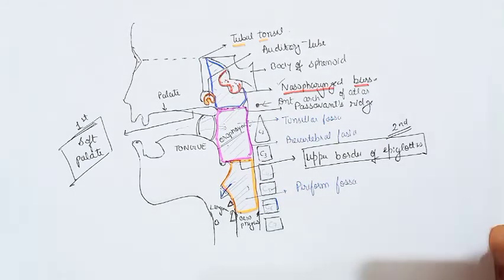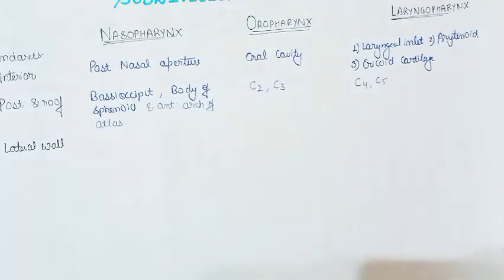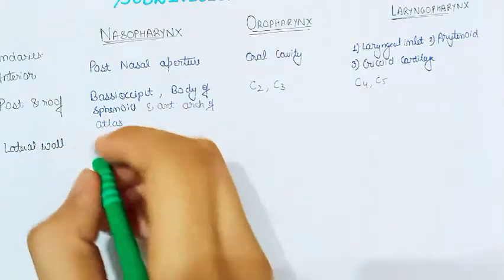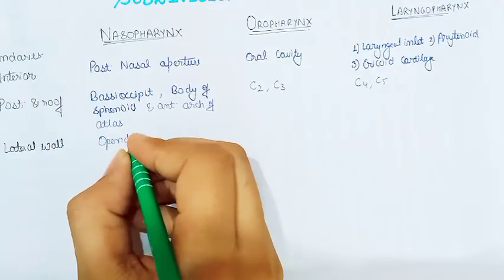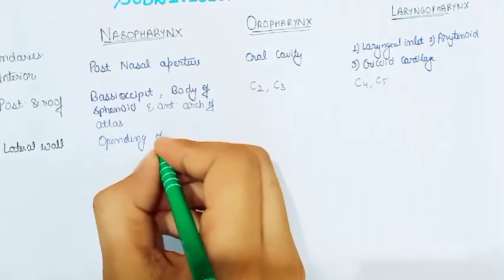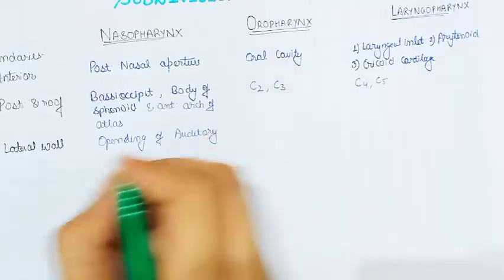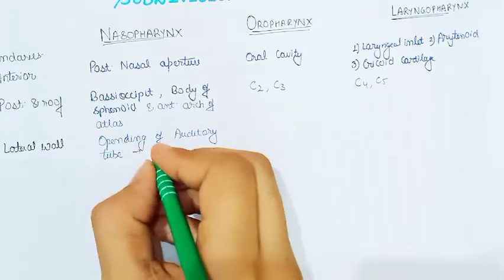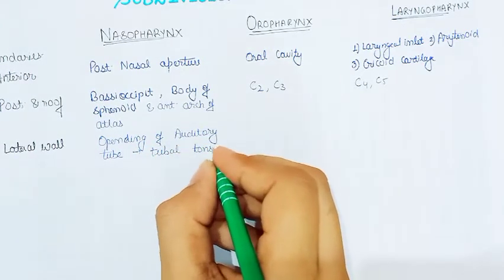So let's summarize all these points that we have discussed. What constitutes the lateral wall of the nasopharynx? We have the opening of the auditory tube, alongside which we have the tubal tonsil.